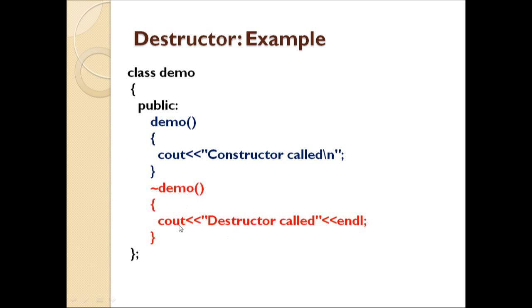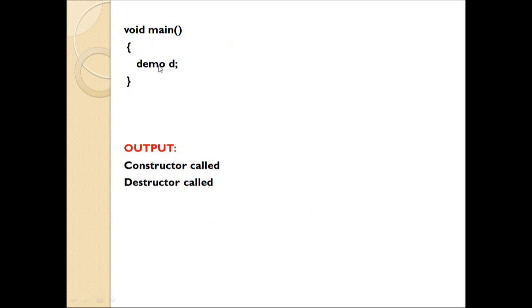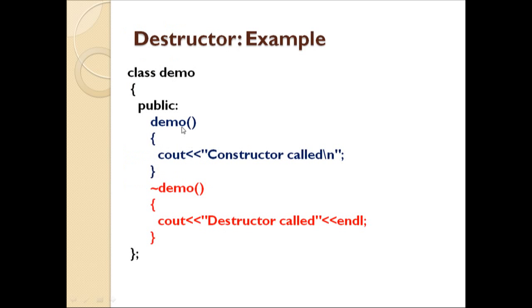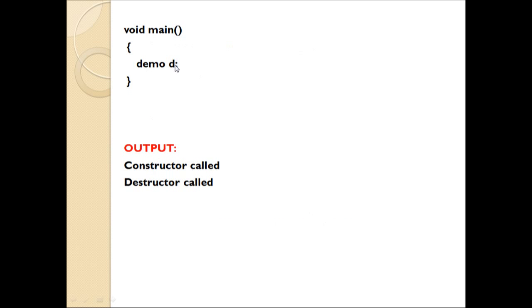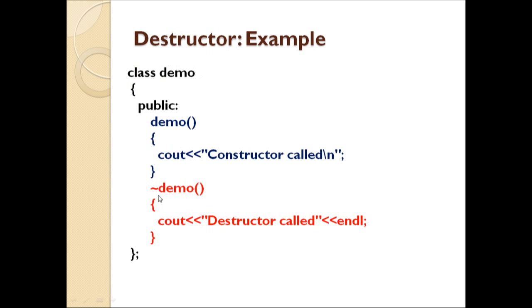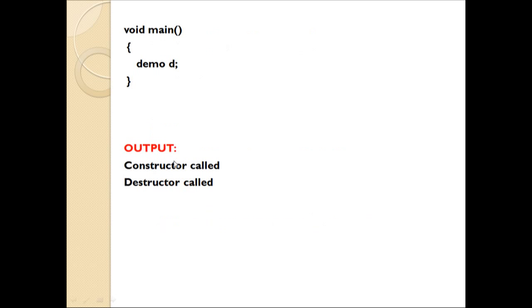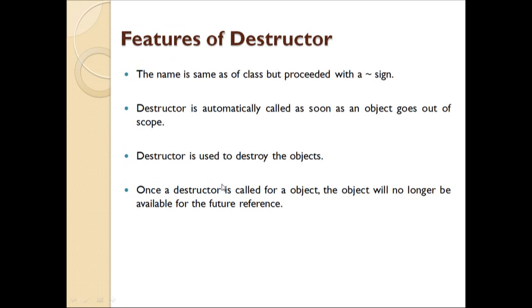As soon as this destructor gets called, it will display the message destructor called, and in the main function we are simply declaring an object D. As soon as control gets this statement demo D, it will move into the body of the constructor. Then D will get created, constructed, and thereafter we are calling this destructor, so it will get destroyed. So we are getting this type of output, constructor called, destructor called.